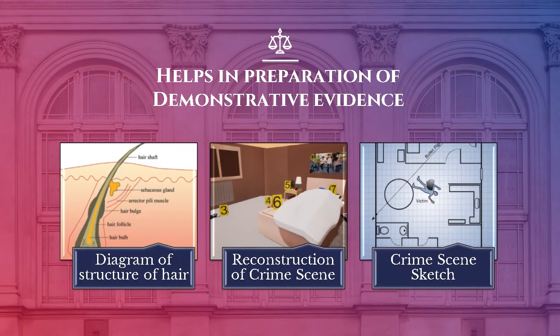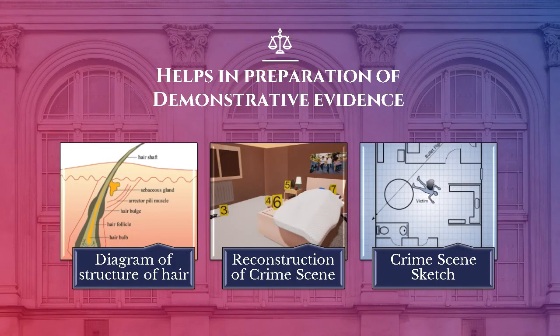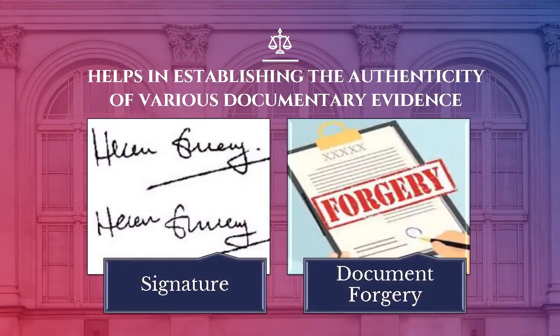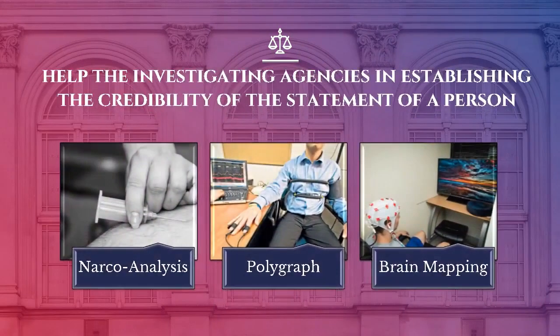Forensic scientists also help the investigators in preparation of demonstrative evidence such as diagrams for the structure of hair, or in crime scene reconstruction or sketches, etc. Documents division of forensic science helps in establishing the authenticity of various documentary evidence presented in the court, such as signatures of the person on will or forgery of document, etc.